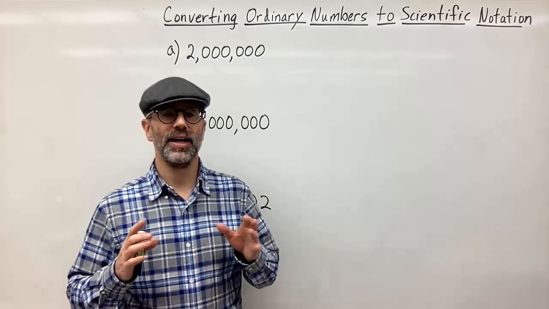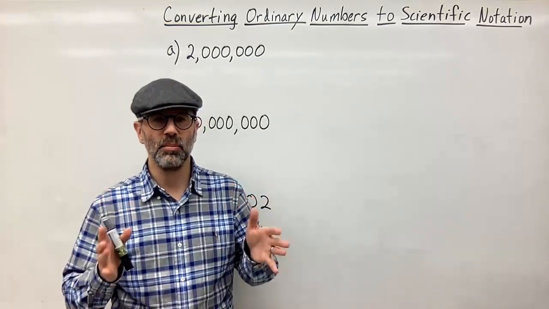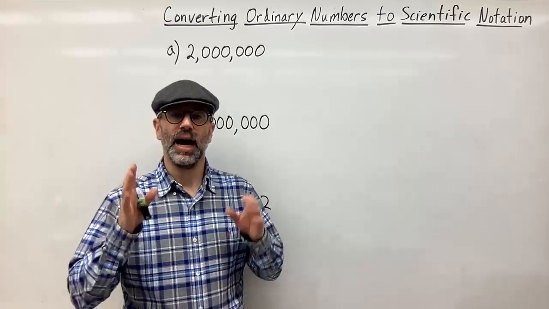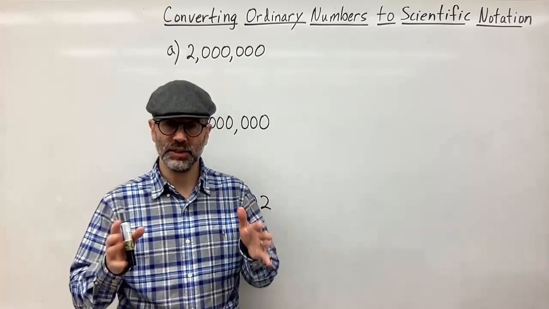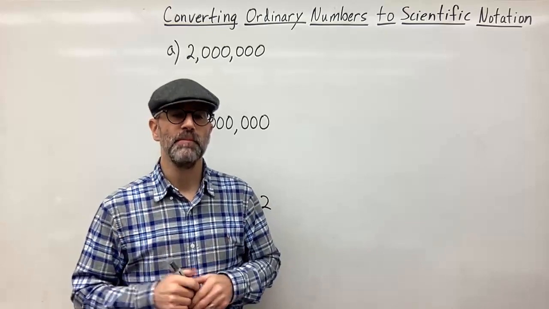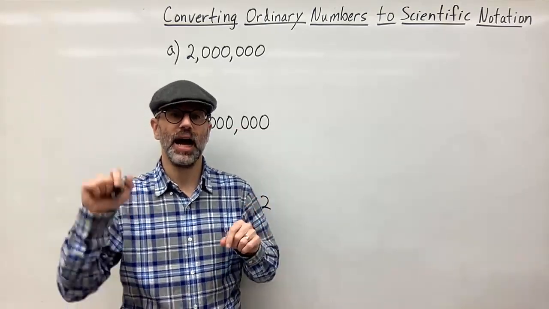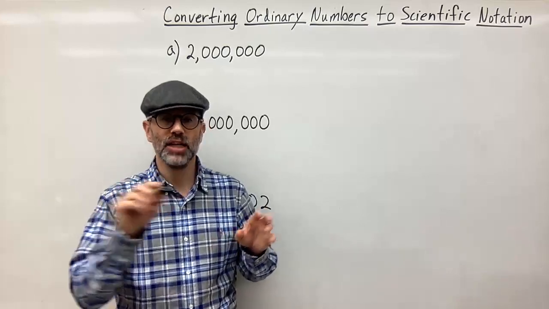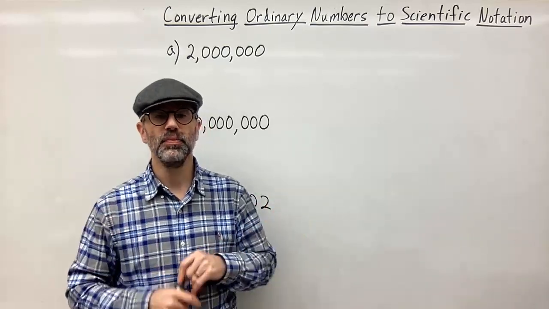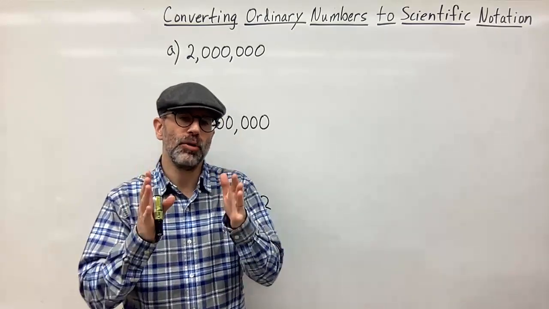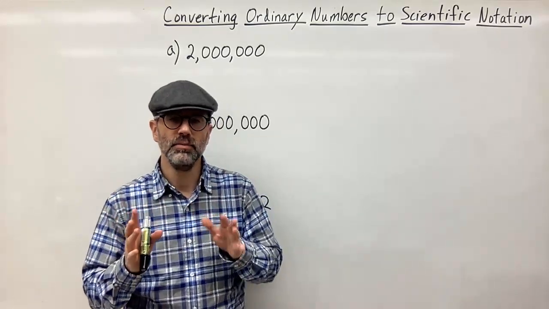If you have a number 10 or greater, then the exponent on the 10 in your scientific notation is going to be positive. And the number of the exponent will depend on how many times you moved the decimal point over. Now you might be asking, well, Mr. Kowalt, what if your number is between 1 and 10?